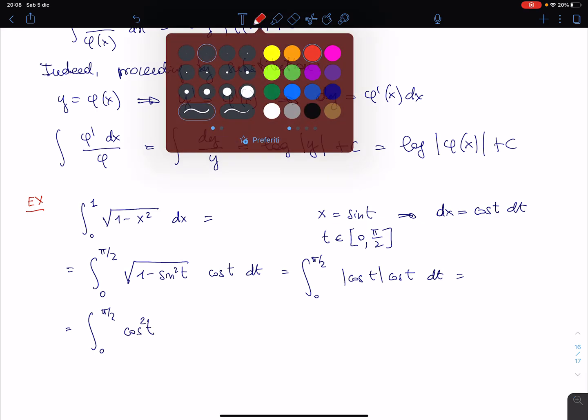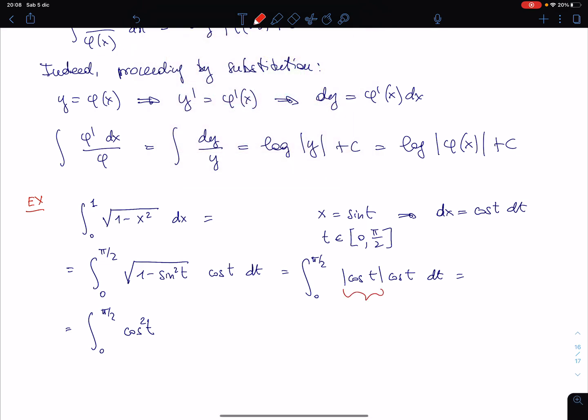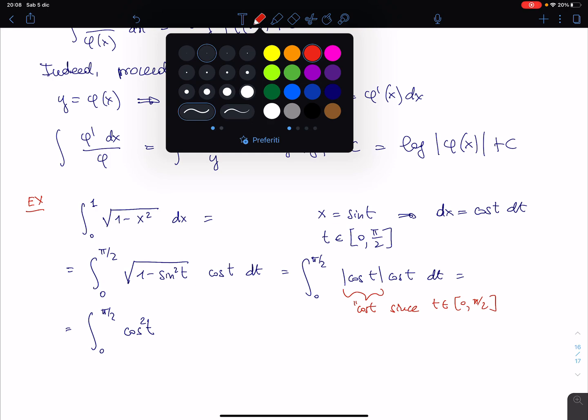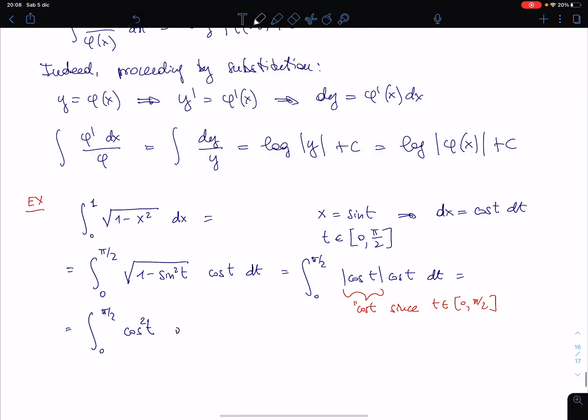Why? Because the absolute value of cosine of t is equal to cosine of t, since t is in 0, pi over 2, and in this interval the cosine is non-negative. This is what we already computed in the previous example with cosine squared, and we know that this is pi over 4.